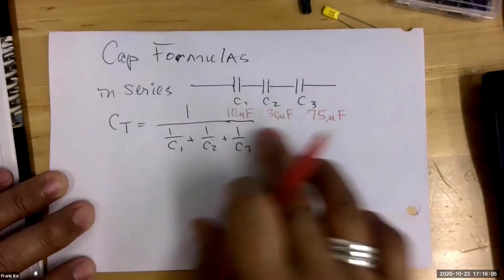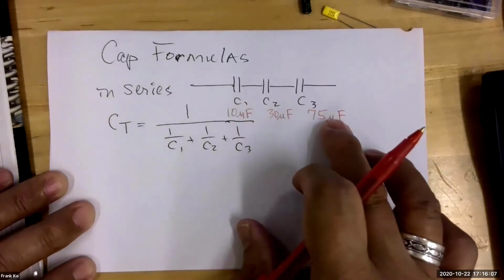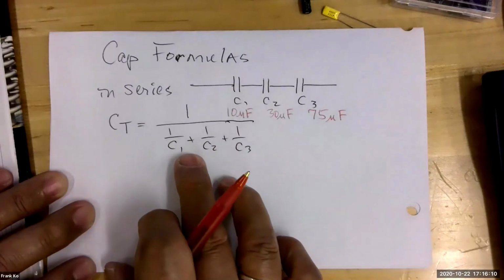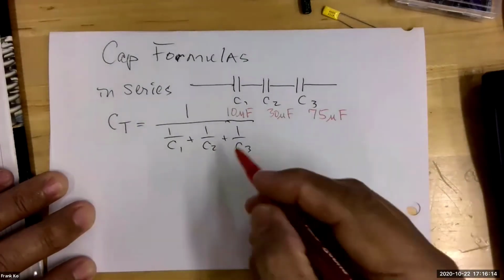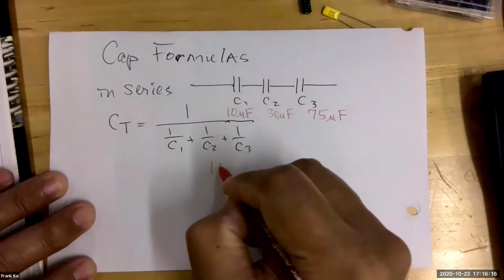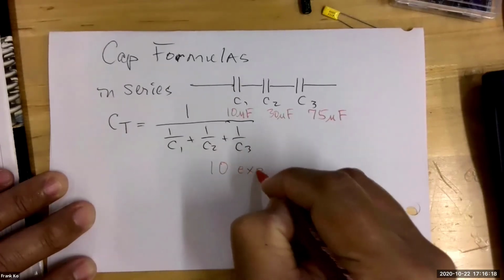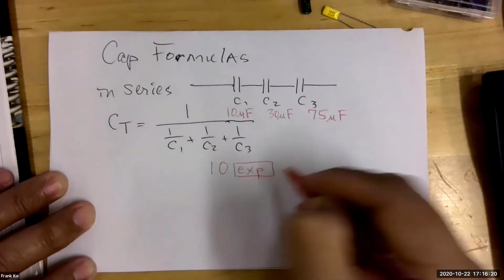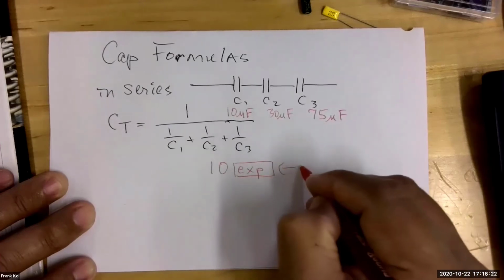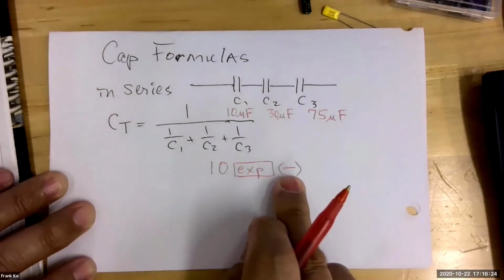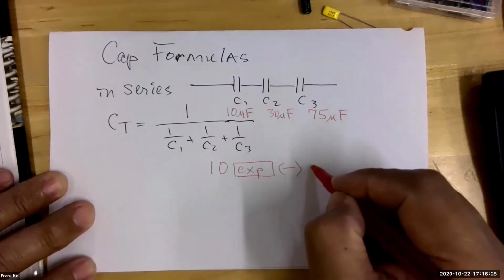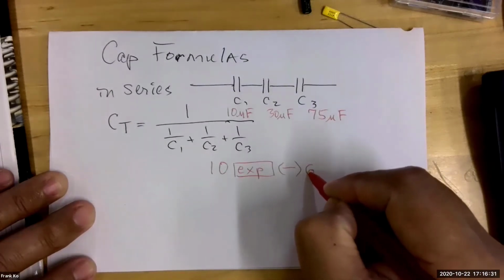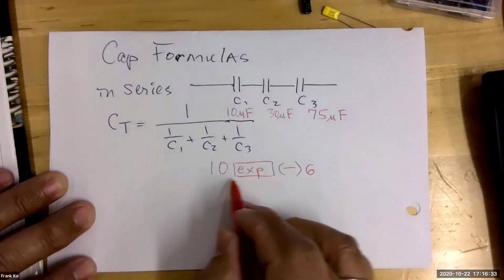No, no, no. You don't sum these in series. You use the reciprocal formula. And how do I calculate this using the reciprocal formula? It's going to be 10, EXP, and micro is what? Negative, so you have to remember to change sign. And micro is what power of 10? Negative 6. So have we keyed in 10 micro?